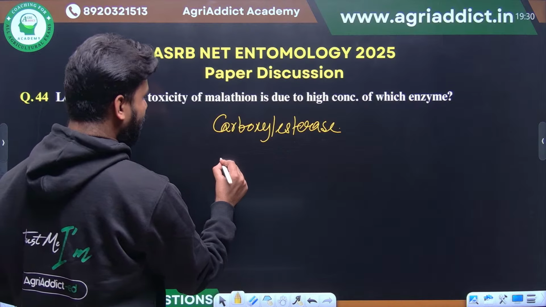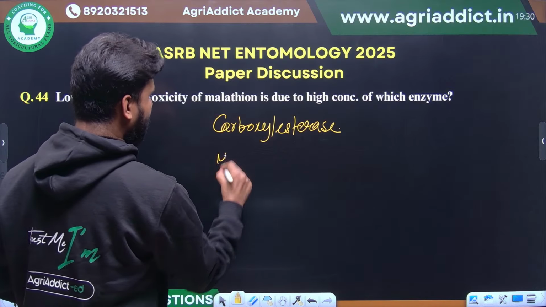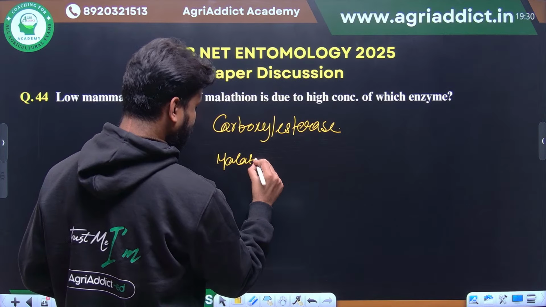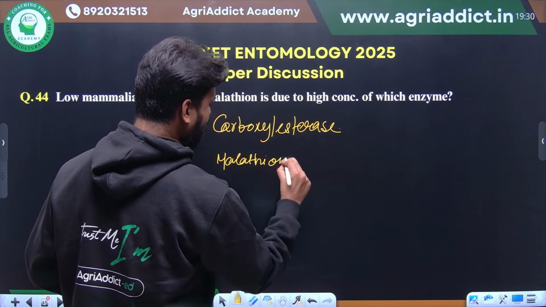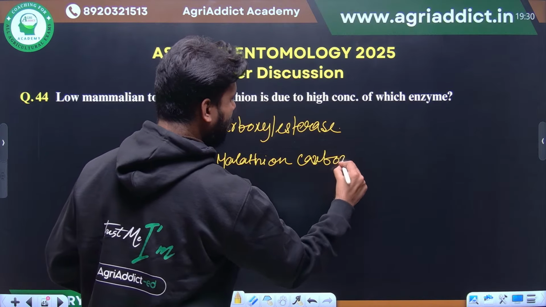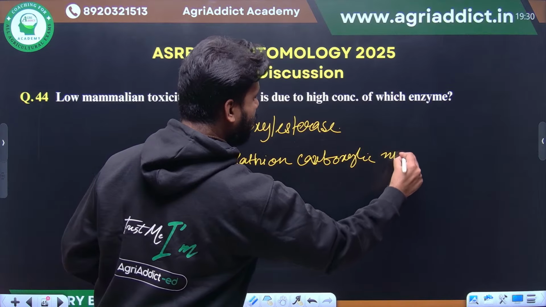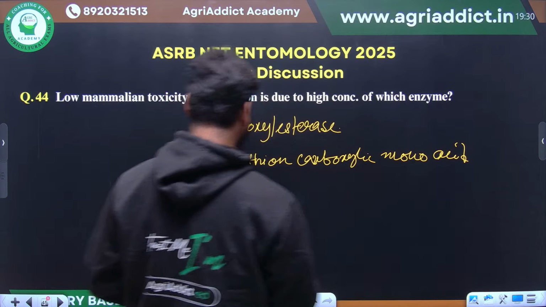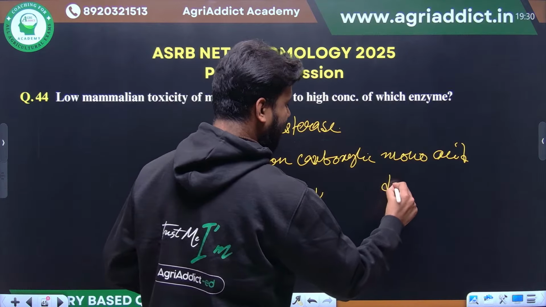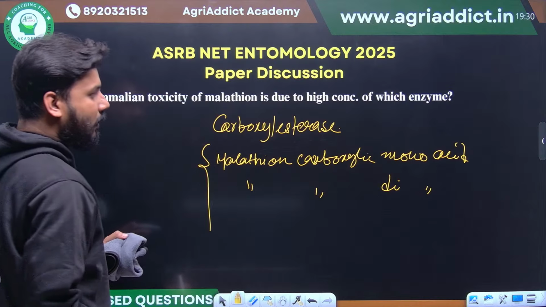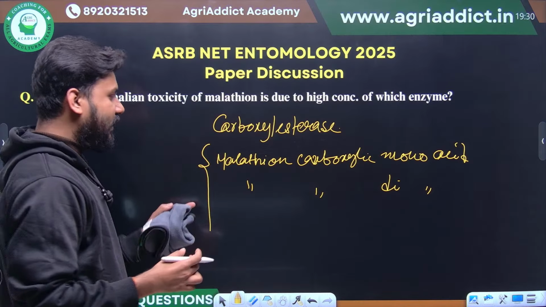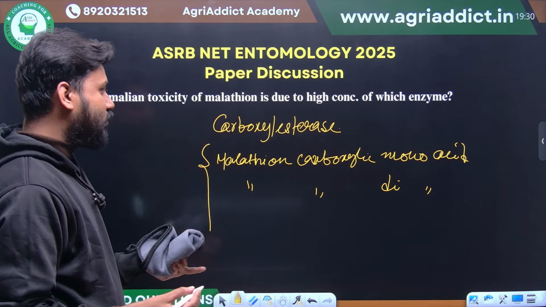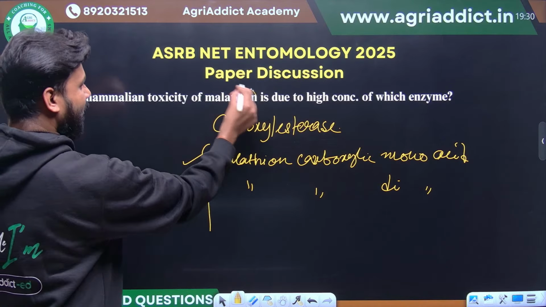It will break down the malathion into malathion monocarboxylic acid and malathion dicarboxylic acid. These two are very safe for mammals. So they will be excreted through urine. So that's why mammals are very safe to malathion.